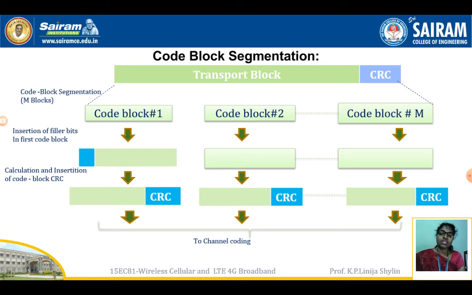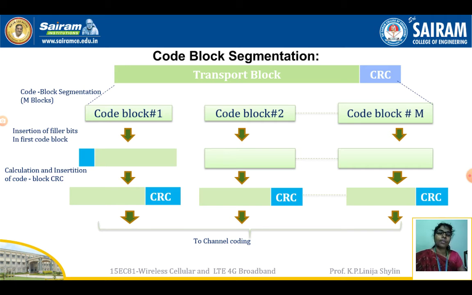In the last step, for each and every broken block, we added a cyclic redundancy check. As already explained, the CRC is used for error detection. So we have added CRC bits to each and every block. Then this output is given to the channel coding.